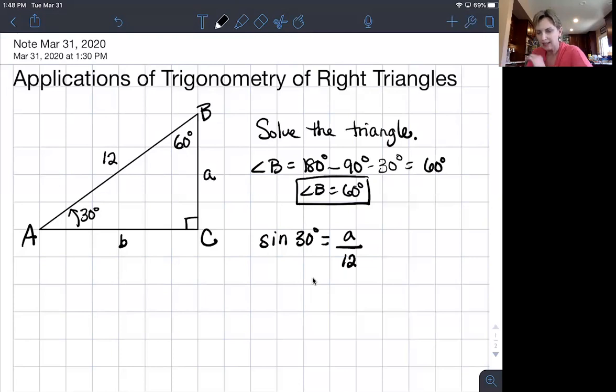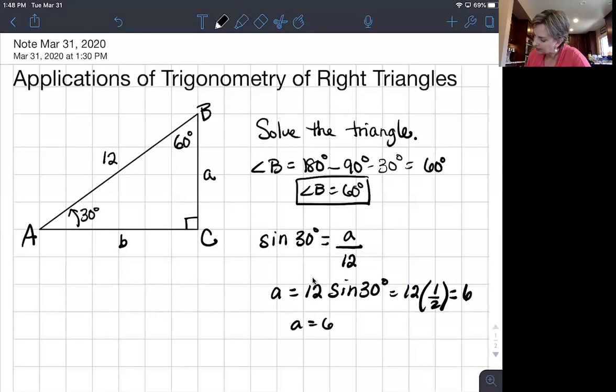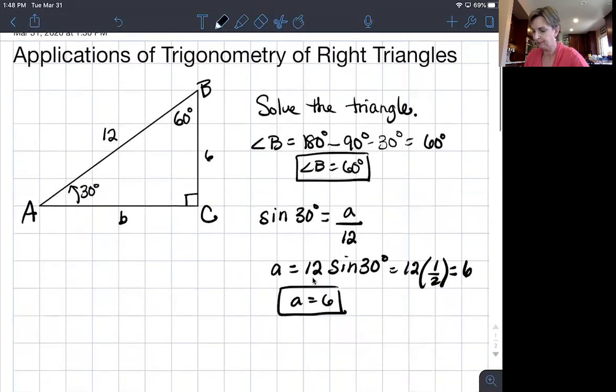So if I rewrite that a little bit, a is equal to 12 times the sine of 30 degrees. The sine of 30 degrees we solved in that last video, and it's 1/2. So it'd be 12 times 1/2, or 6. So a is 6. Excellent. Not too bad.